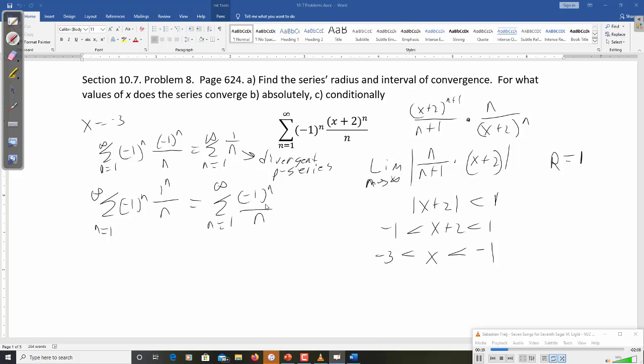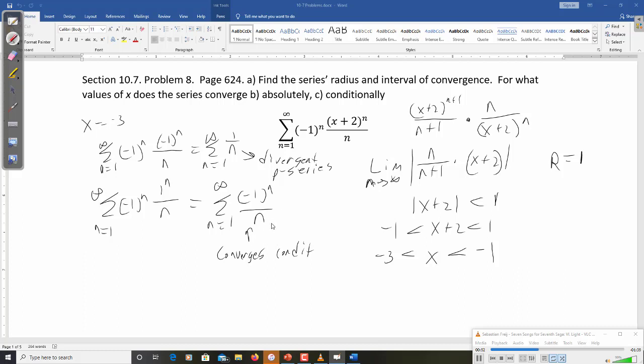This definitely does not converge absolutely, but it does converge conditionally. Because if you do the alternating series test, it converges conditionally by alternating series test. Alternating series assumes that's there and ignores it and pays attention to the rest because that's what's going to determine whether it converges or not.